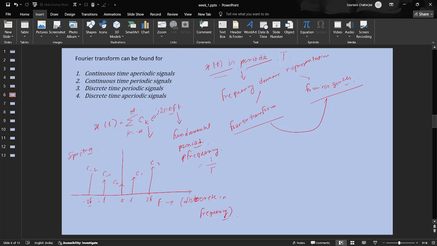So x(t) is periodic with fundamental time period T, so it has a fundamental frequency f, that is 1 over T. Fine. But when I look at the frequency domain representation, it turns out it has non-zero elements at all integer multiples of f. So do they have any specific name, and what is this coefficient c_k also called?